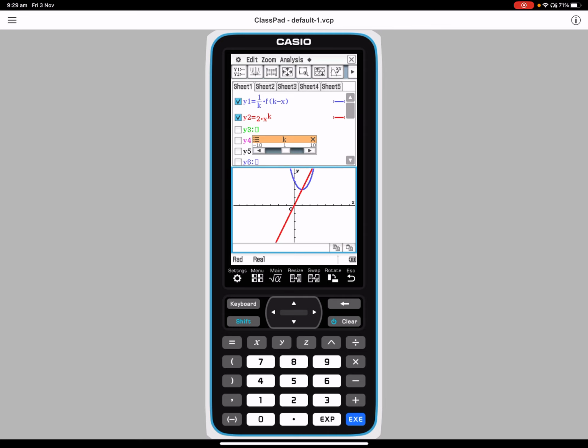Oh, k and n are not the same values. Okay, so if I said that was 2, the turning point of h always lies on the graph of 2x to the n, where n is an integer. So if we make it a 3, make it a 4.